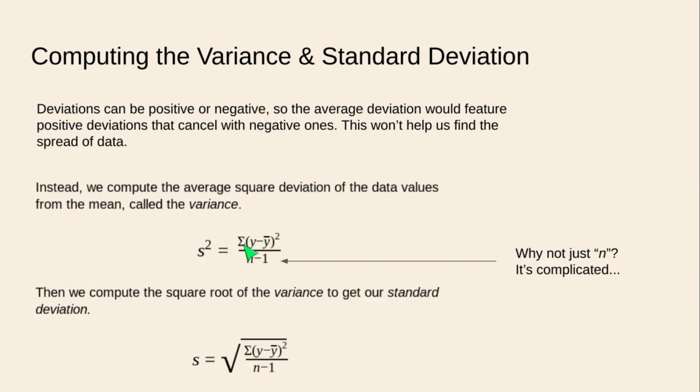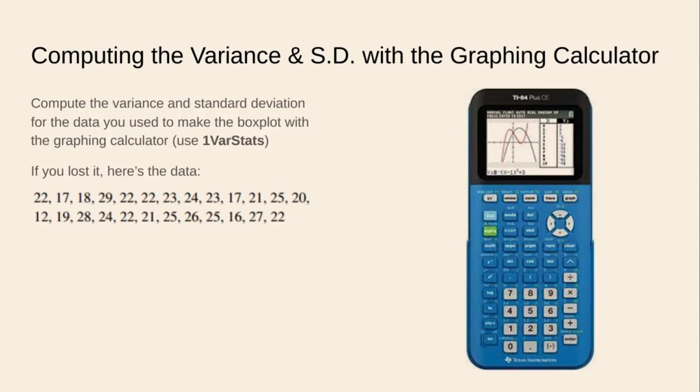I'm summing a bunch of positive numbers and dividing, so I'm going to acknowledge all of those deviations as positive in a sense, right? And once I take the square root, that is my standard deviation. So this bad boy right here is the typical measure of spread that we will use, the standard deviation. And gratefully, you have graphing calculators that can do this without you having to compute a single square root, you lucky ducks.